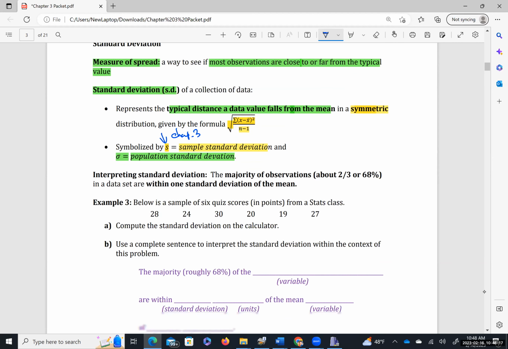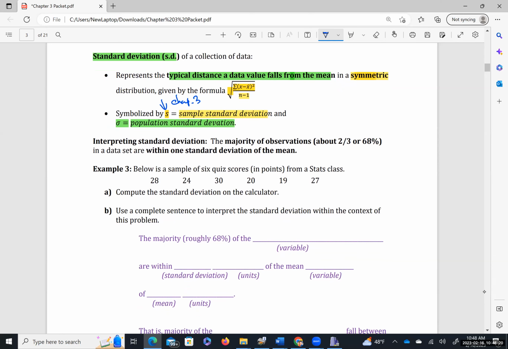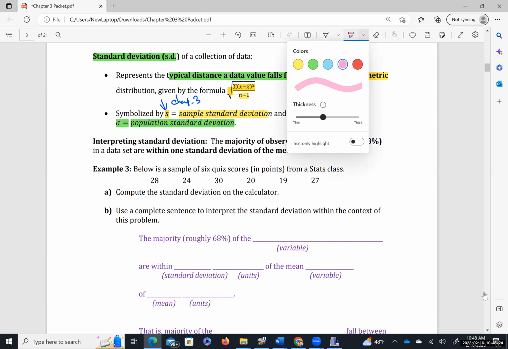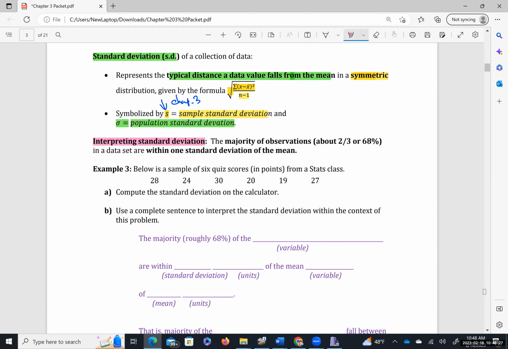So how do we interpret the standard deviation? I'm going to use pink color here.